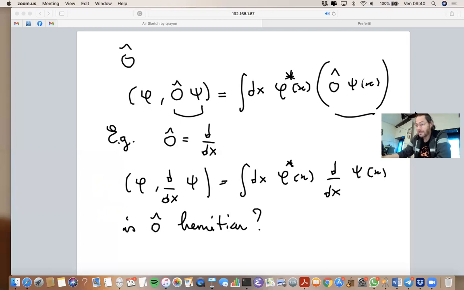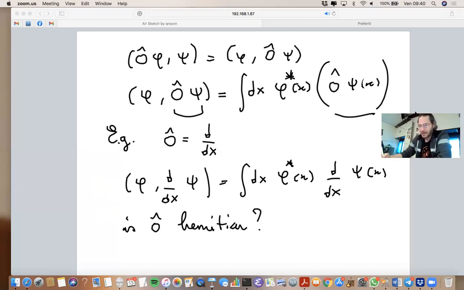Now, a way to prove that it is Hermitian: remember, if O is Hermitian, O dagger is equal to O, meaning that O acting on psi is equal to psi acting on O. In general, this is not true for a non-Hermitian operator.